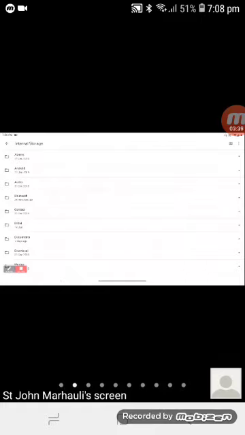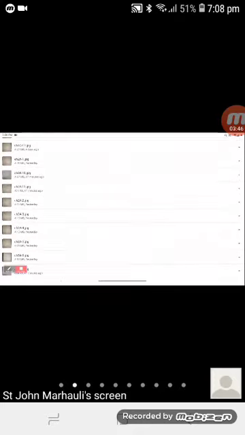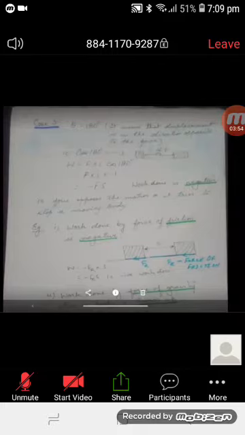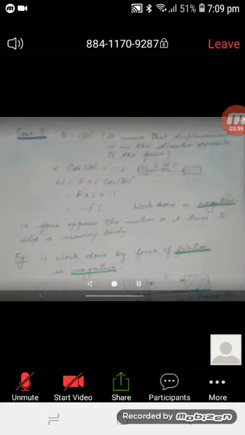So today we start with the third case, when theta is equal to 180 degree. I hope you are able to see this. Now, when we consider that theta is equal to 180 degree, what does it mean?